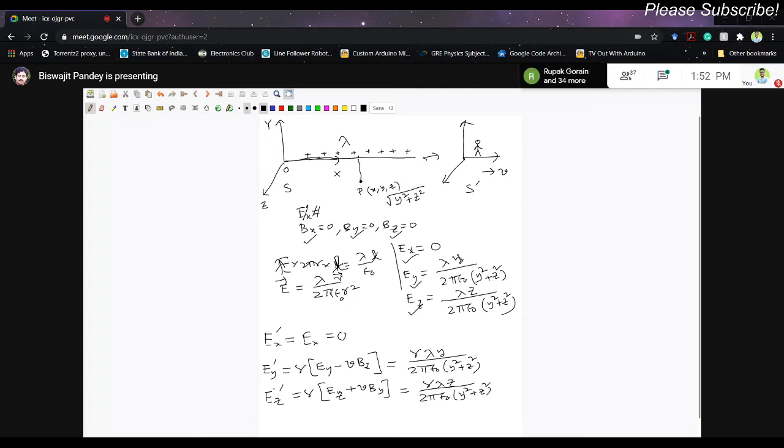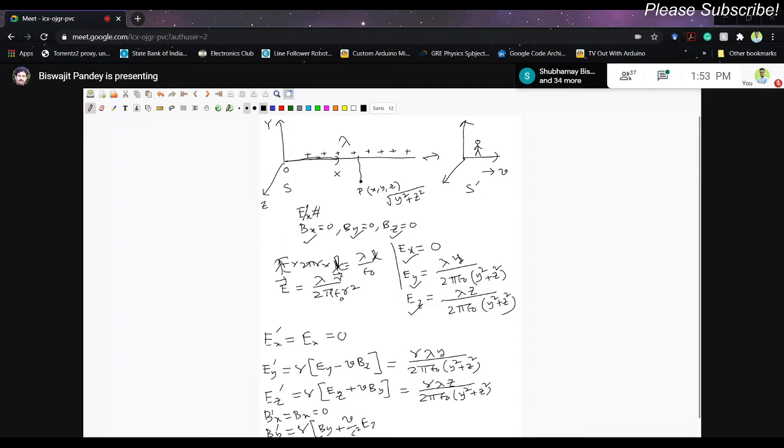The magnetic field is very similar, because the parallel component doesn't change. Bx prime will be Bx, which is 0. What will be By prime? All these formulas are known to you, so maybe I will write one and then you can do the rest. By prime will be gamma times (By plus v Ez over c square).